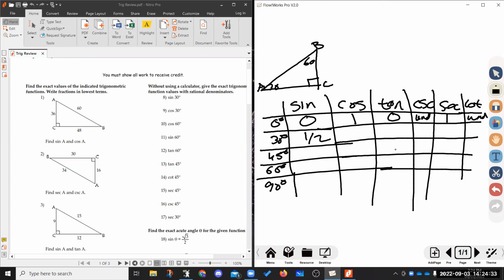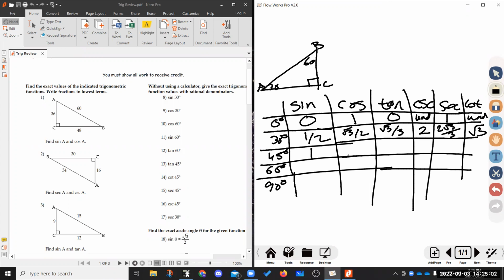Sine of 30 was 1/2, cosine of 30 was √3/2, tangent of 30 is √3/3, cosecant is 2, secant is 2√3/3, and cotangent is going to be √3.